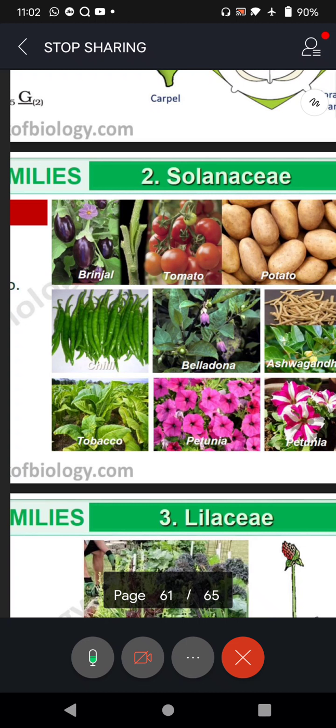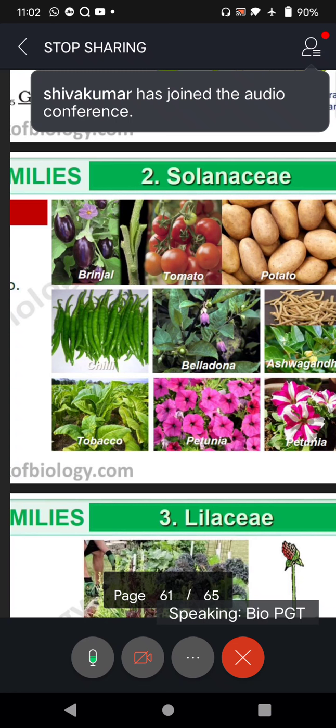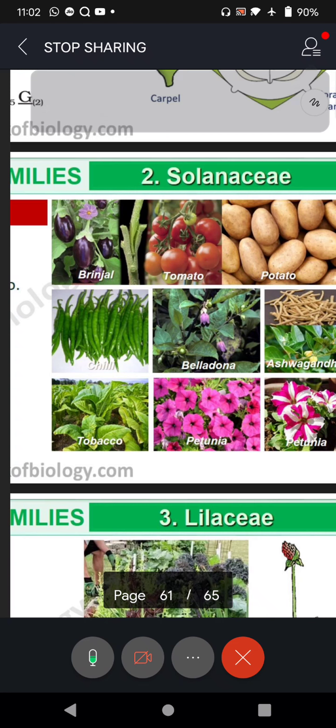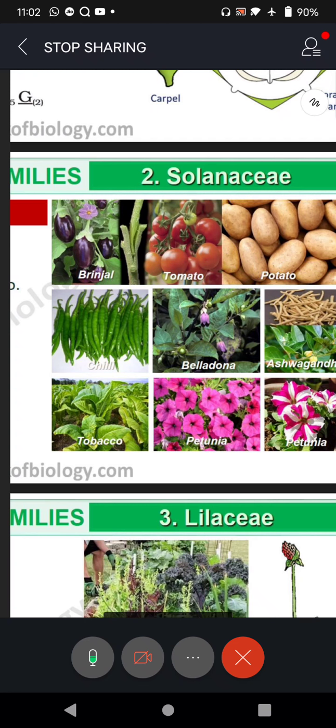For your batch, even though root is deleted, stem is deleted, leaf is deleted, fruit is deleted, seed is deleted, yet out of interest you just study those, so that when you write the description of the family, you will not have doubts. Just go through it, no need to mug it up, just try to know it.